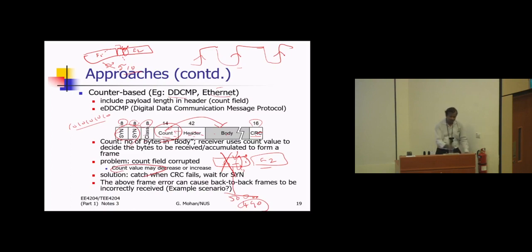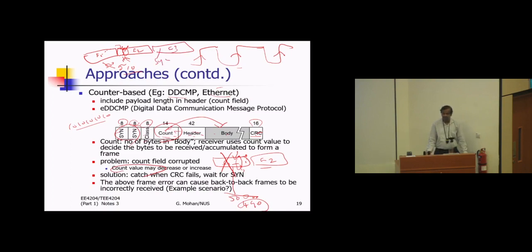So, it understands at this point that there is an error, but it has already received a few bytes of the next frame also. It does not know that. So, what will it do? It cannot stop receiving, but it will ignore the bytes until a new frame with a new sync pattern arrives.